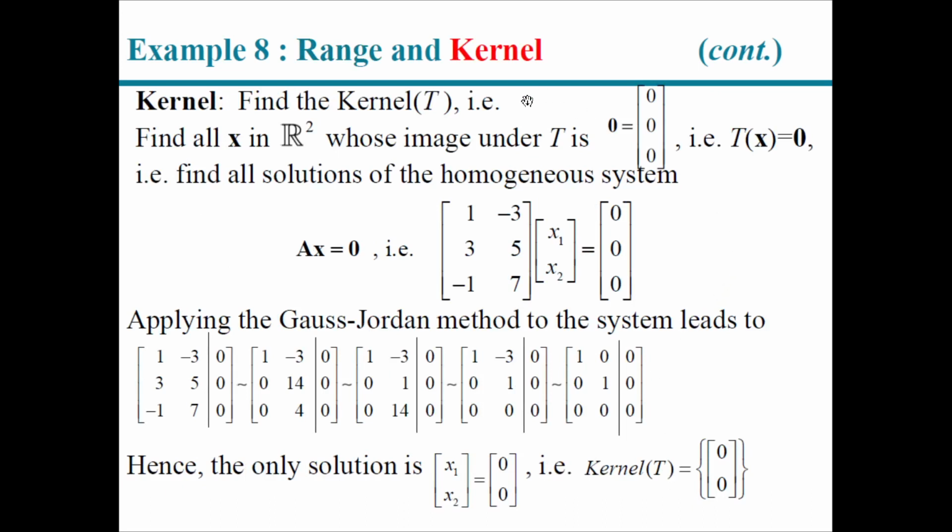Another question is, how can I find a kernel of the linear transformation? Well, kernel, or the null space of the linear transformation, is equal to the null space of the standard representation matrix. So all I need to do is find the null space of the matrix, which means I need to find all the solutions for the homogeneous system Ax equals 0. Okay, just do the job.